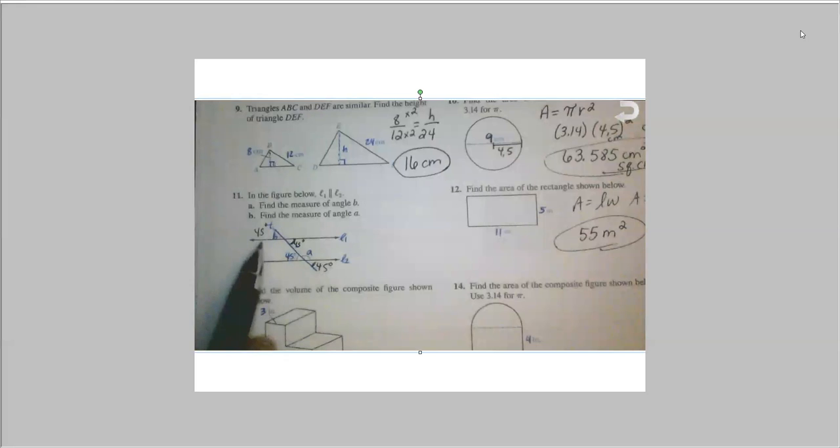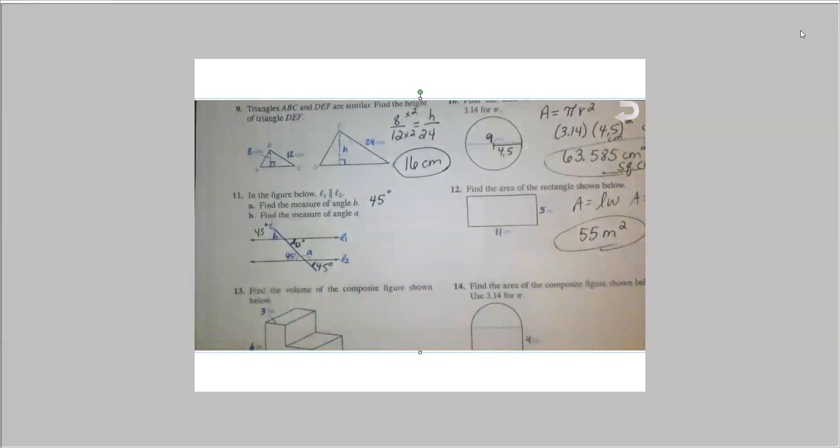Now, what I've just found here is angle B, which was question A. Angle B is 45 degrees. Okay, now I can use the fact that this is 45 degrees to find A, because these two angles are side by side. They're called adjacent, and adjacent angles are supplementary. That means they add up to be 180 degrees.